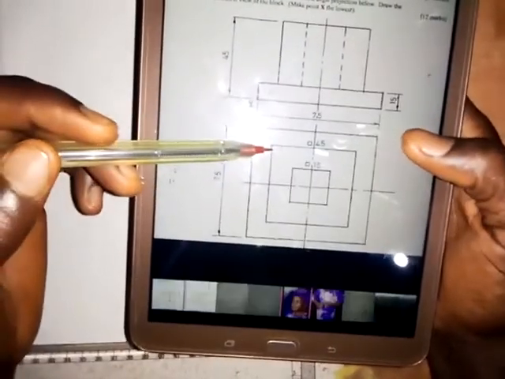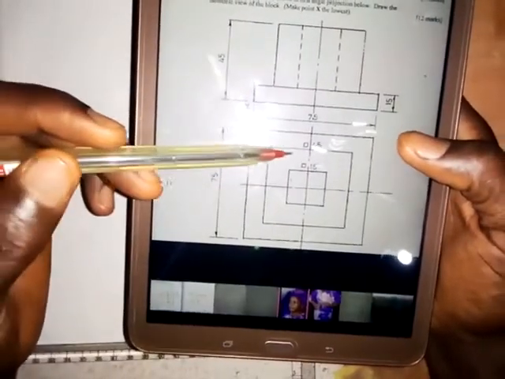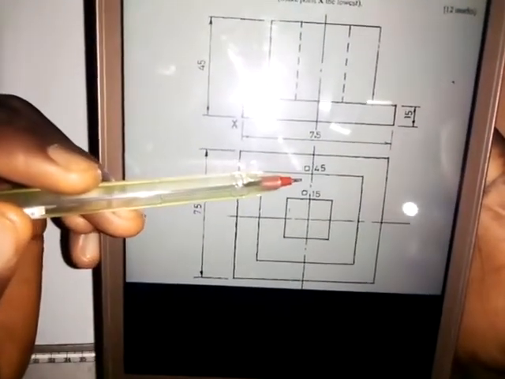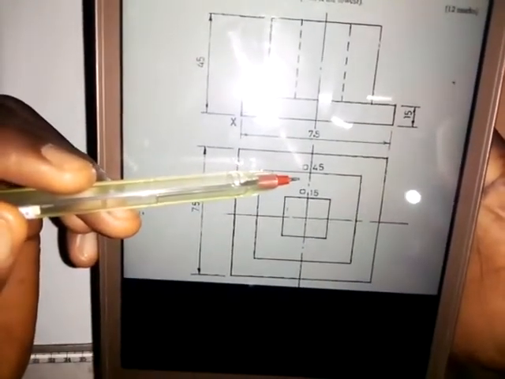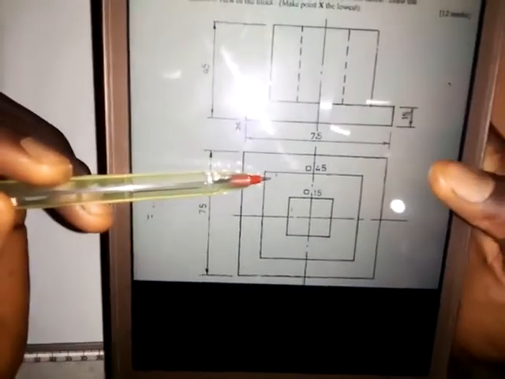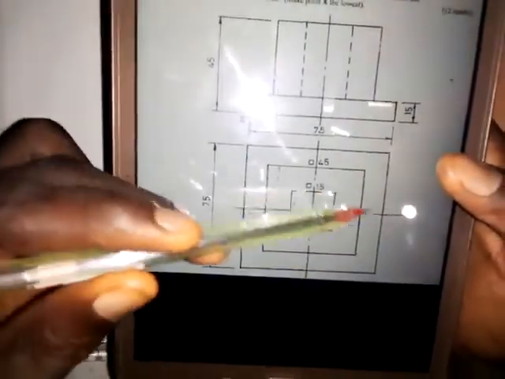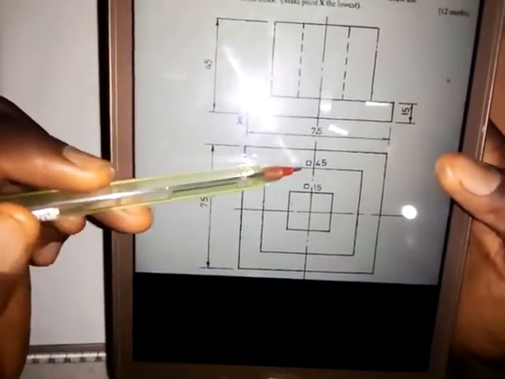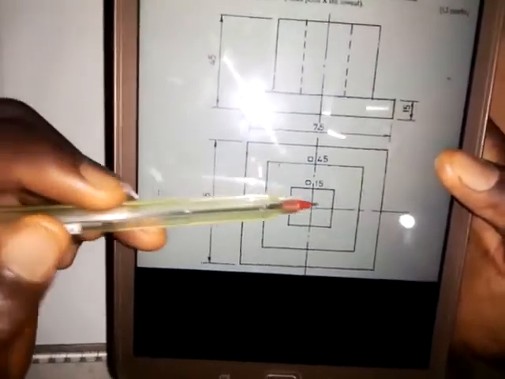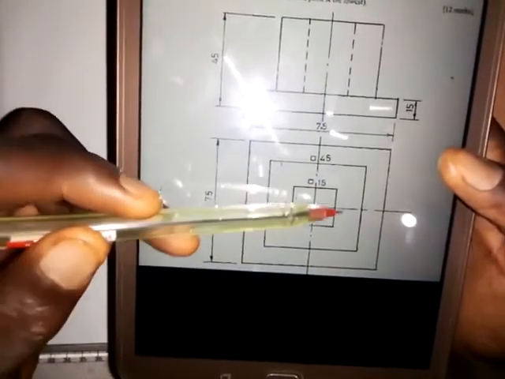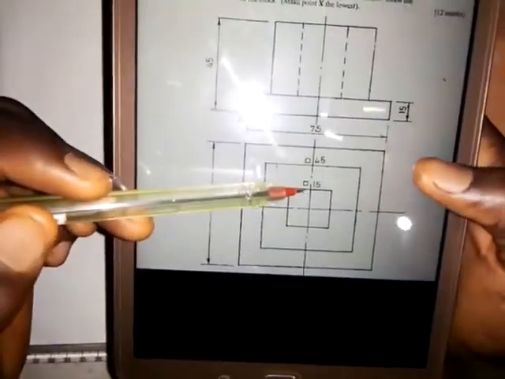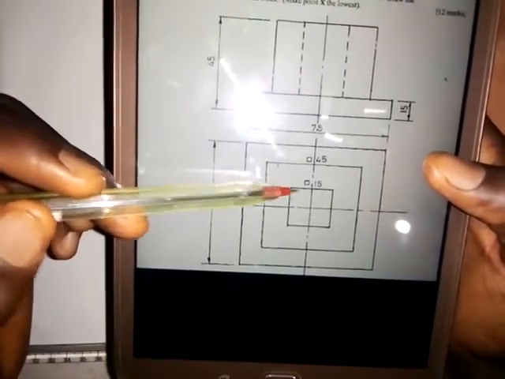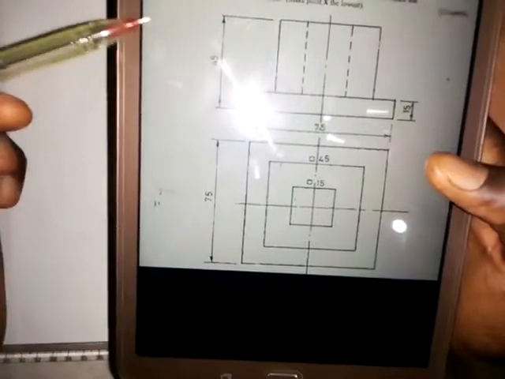And then the second square that we have here, there's a symbol that is put here, and this symbol is for a square, so the length of side of the square is 45 millimeters. Also, we have a small square inside here, and the symbol is also placed here, and the length of side is 15 millimeters.